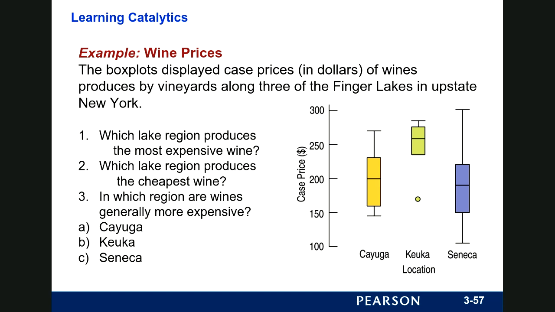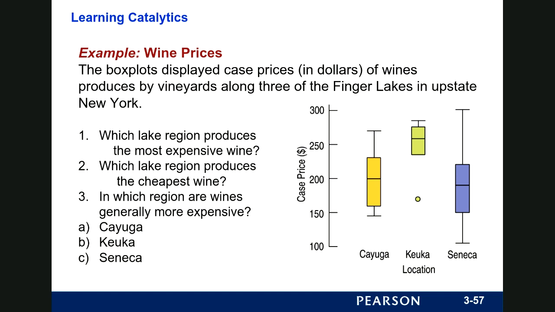This sentence is a bit messed up, I need to fix it. So you're looking at wine case prices given in dollars of wines produced by vineyards by the Finger Lakes: Cayuga Lake, Keuka Lake, and Seneca Lake. First question: which lake region produces the most expensive wine?